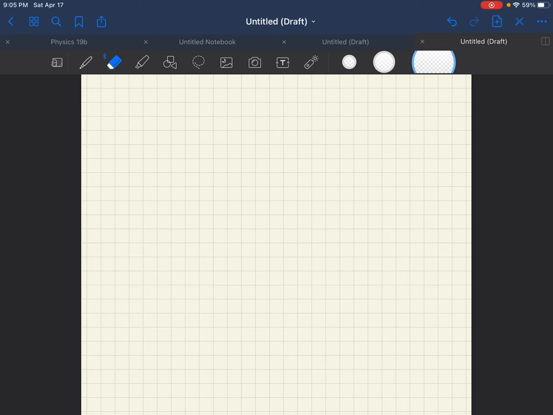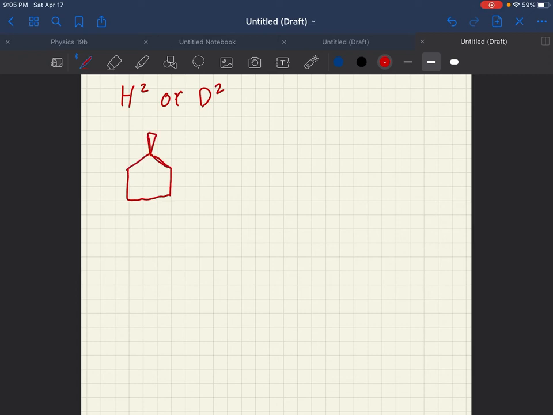So the next one I got is H2. For this H2, this is a syn addition, meaning they're both going to be added on the same side. So we have to look out for that stereochemistry.